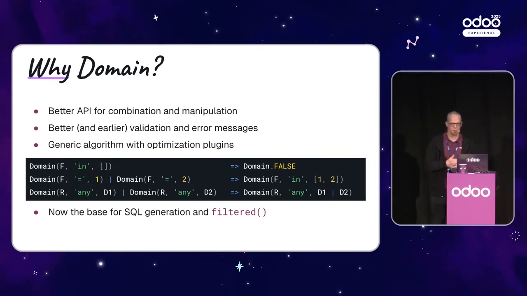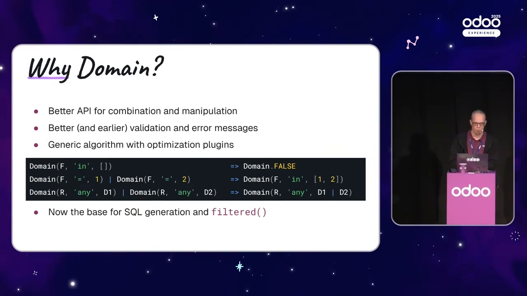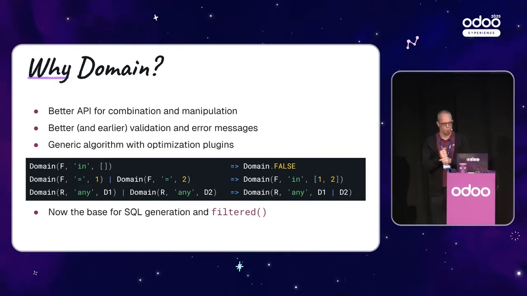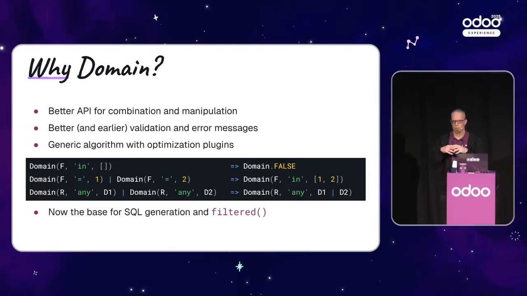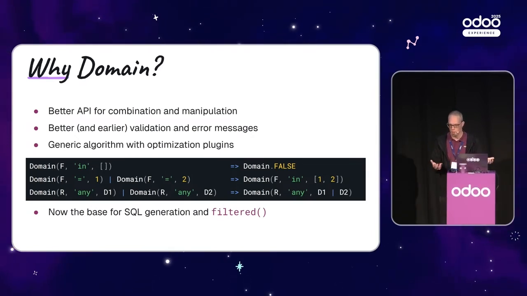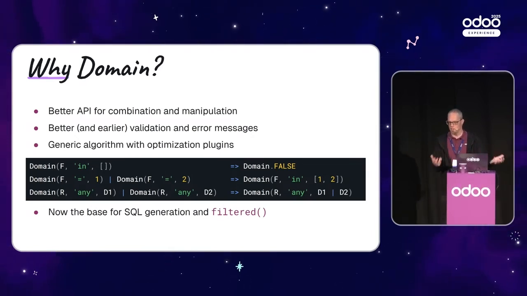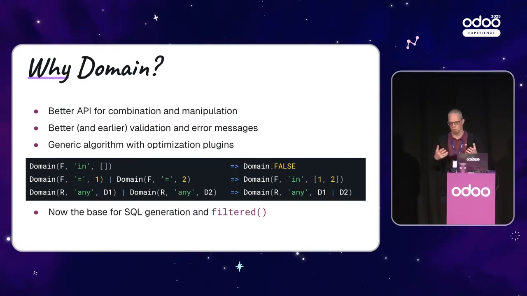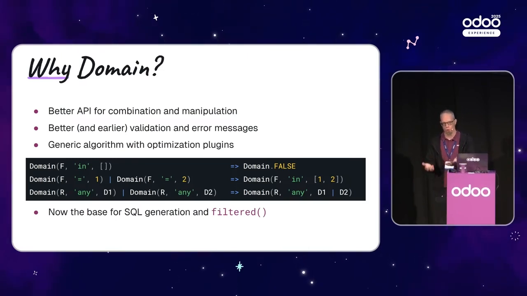So why did we introduce this new object? Well, essentially, for one thing, when you're building a domain programmatically or want to analyze it programmatically, it's way more comfortable and less bug prone than figuring out that it's a list.